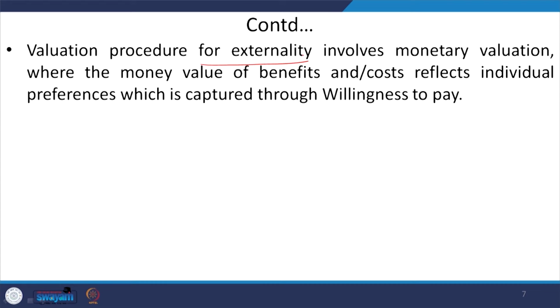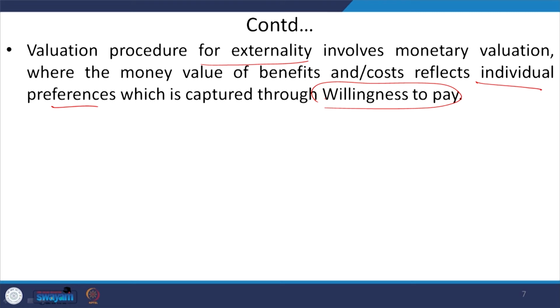And again, when you ask how to measure, how to put a monetary tag on this externality, the valuation process for the externality involves the same procedure as monetary valuation of all the rest of the financial assets. The money value of the benefits and costs reflects the individual preferences, and these individual preferences are captured through the concept known as willingness to pay.